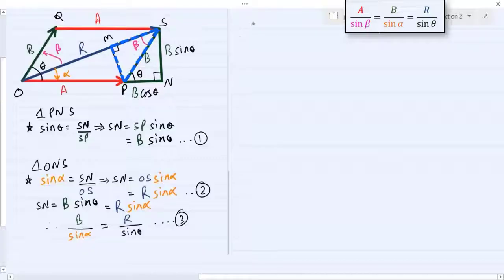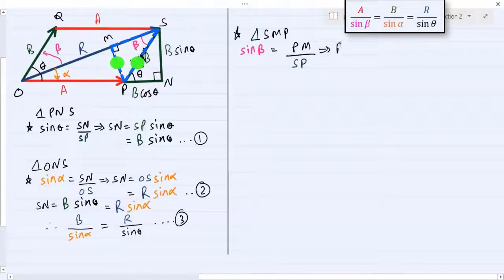So we can say in right angle triangle SMP, we have PS as the hypotenuse. So we can easily find out sine beta is equal to the opposite to beta, or we can say PM, upon the hypotenuse, or SP.